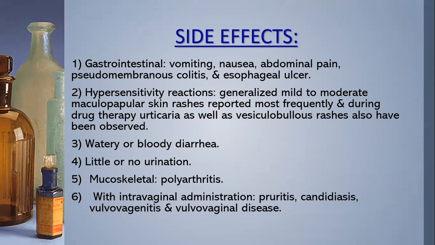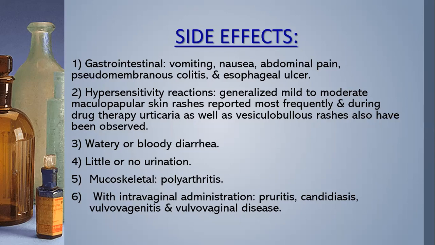It has many side effects, and the main side effects are as follows. In the gastrointestinal system, it can cause vomiting, nausea, abdominal pain, pseudomembranous colitis, and esophageal ulcer. Hypersensitivity reactions: it can cause generalized mild to moderate maculopapular skin rashes, reported most frequently, and during drug therapy, urticaria as well as vesicular bullous rashes have also been observed.